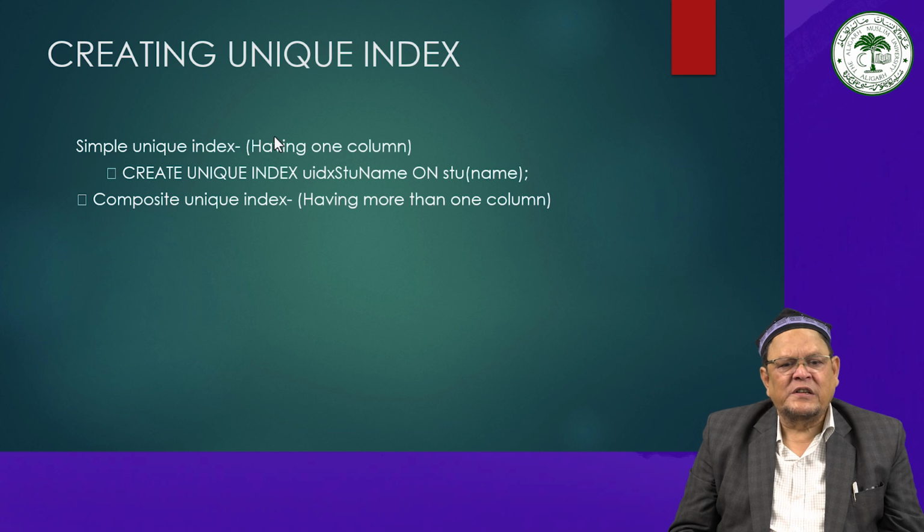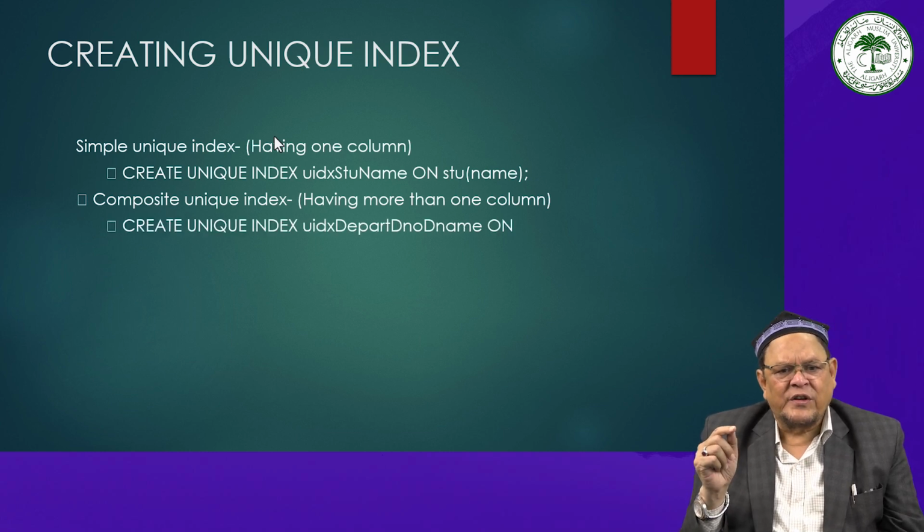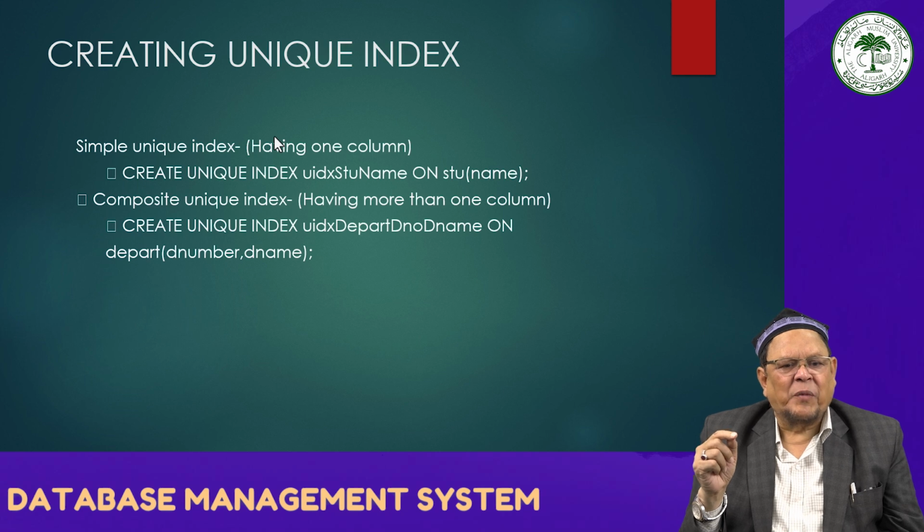Then for a composite unique index having more than one column, you have to write create unique index UIDX department number, D name on department number and department name.